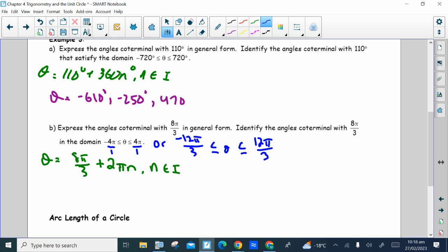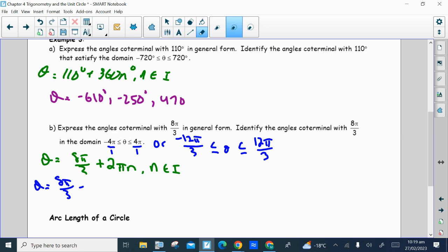So if you start with 8 pi on 3 and you subtract 12 pi on, I'm sorry, not 12 pi on 3. The other thing we're going to have to remember is that we are adding and subtracting multiples of 2 pi or 2 pi over 1, which would be 6 pi over 3s.